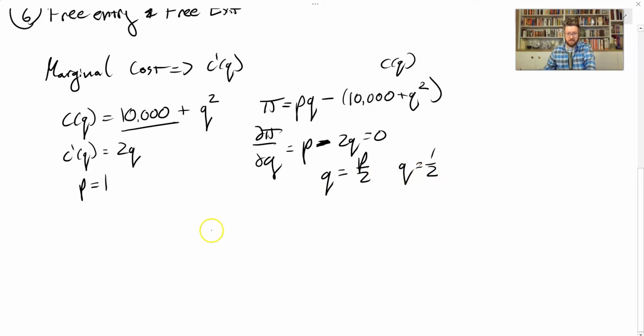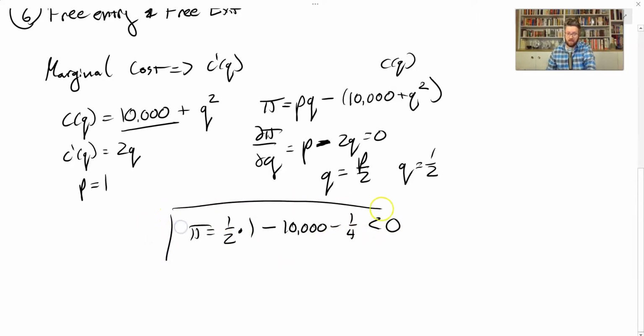If that's the case, this guy's profit is 1/2 times 1, which is the price, minus 10,000 minus Q squared, which is 1/4. Okay? And this is really large and negative. Because the marginal cost didn't take into consideration the fact that you got to sell a lot of these goods if you're going to make back $10,000 in cost.